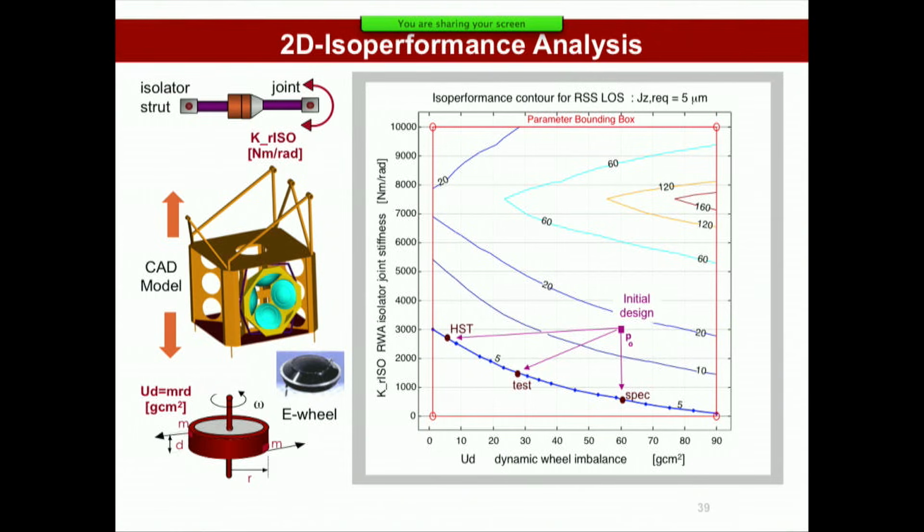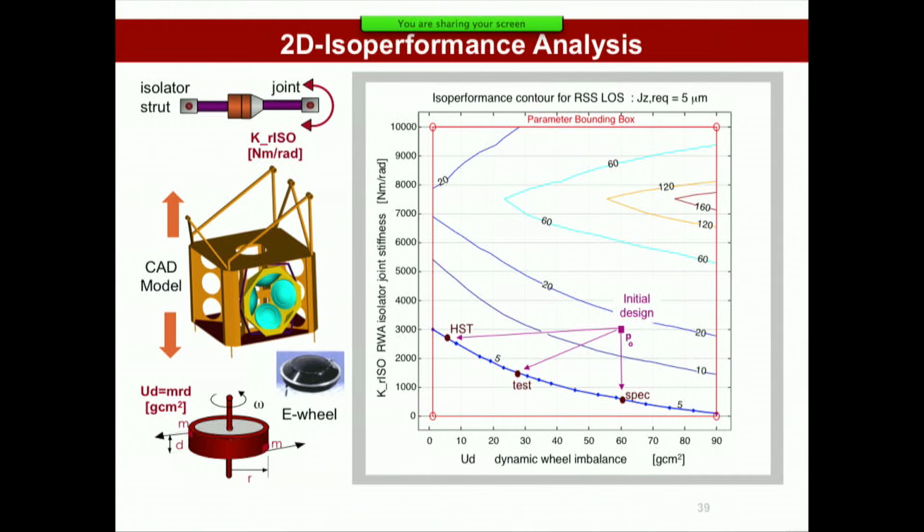What do you think is the big issue there? So the launch, you probably have to lock it down during launch. You have big displacements. If you have a very soft isolation stage, you need volume because the isolator is going to move a lot, right? And you may not have that volume.